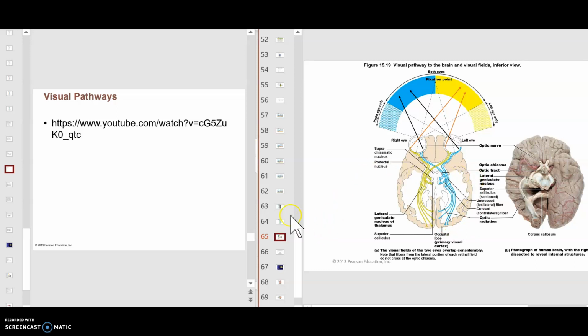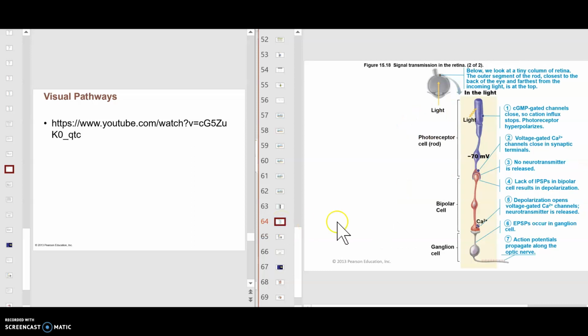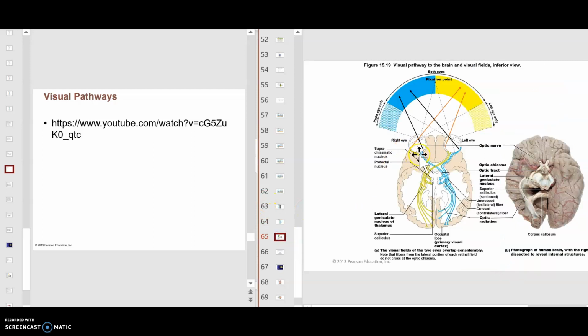So let's go back again just to be sure we're all on the same page. We start out with the ganglion cell axon. From that forms the optic nerve. The optic nerves come in, and some of the fibers cross over in the optic chiasmata. When they cross, the minute we get past the optic chiasmata, we're into the optic tract.